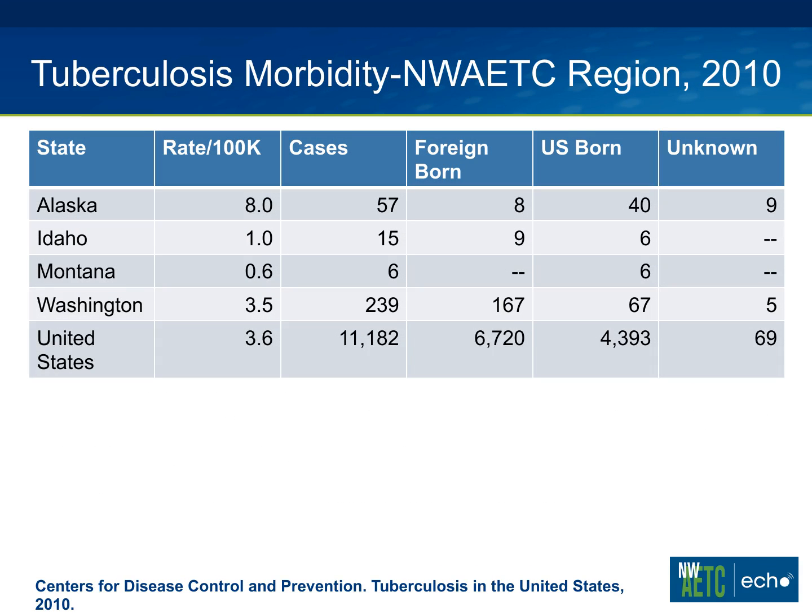Now the next slide just takes a look at TB morbidity in our region by state for Washington, Alaska, Montana, and Idaho. And you'll see that two key things emerge. First is that Washington State and Alaska account for the majority of TB cases in the Pacific Northwest part of the United States, and that aside from Alaska, TB rates in this region are at or below the national rates.